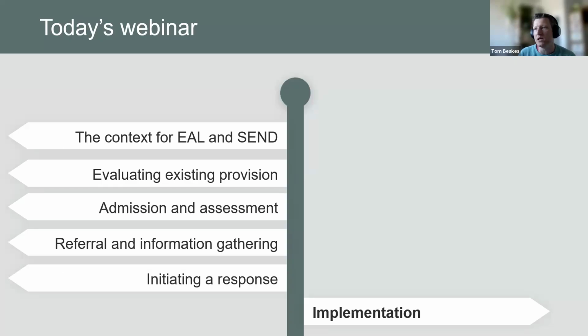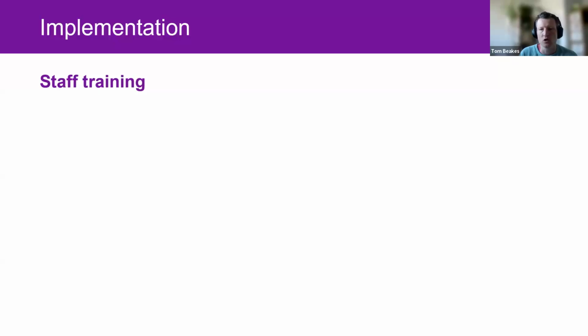Okay, we've only got a couple of minutes left. I'm just going to talk about some of the considerations you might have around implementing some of this. I appreciate I've talked a lot about different things, but when it comes to staff training, we really want to stress the importance of making sure staff have a shared understanding.